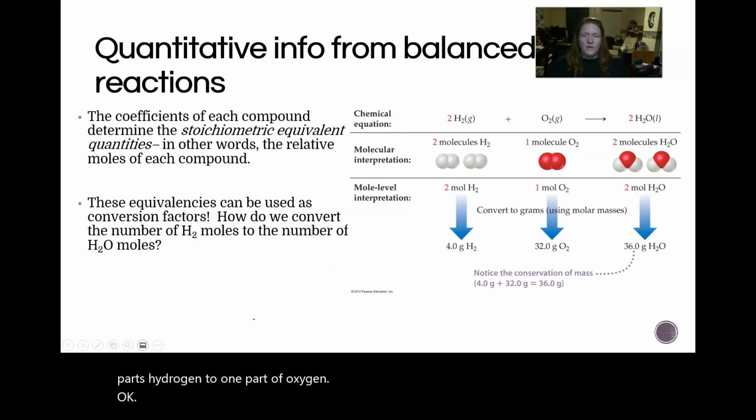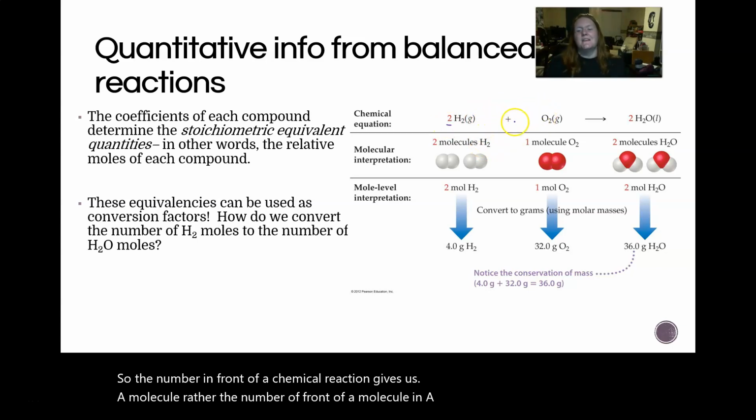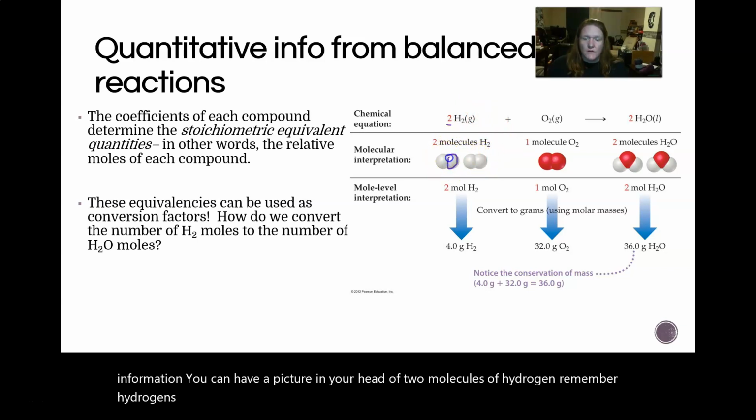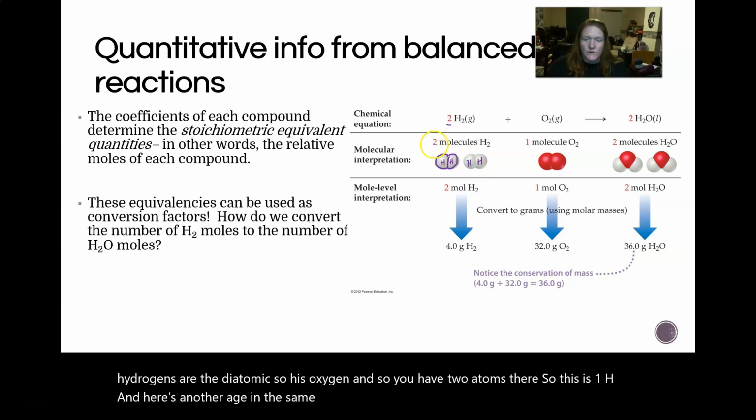The number in front of a molecule in a chemical reaction gives us a lot of information. You can have a picture in your head of 2 molecules of hydrogen. Remember, hydrogen's diatomic, so is oxygen. And so you have 2 atoms there. So this is one H, and here's another H. And the same thing over here because the coefficient has 2 in there.